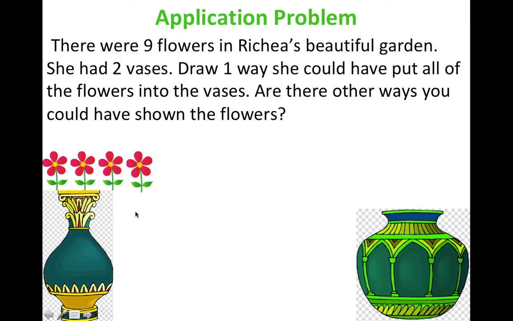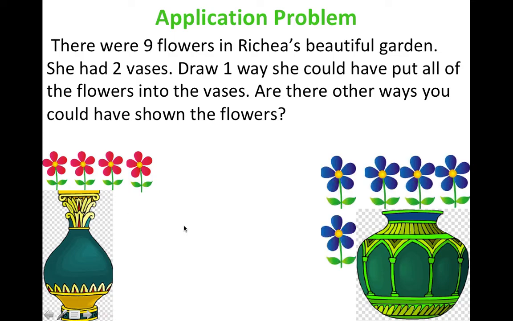So I put 4 flowers in one vase, and I have 1, 2, 3, 4, 5 flowers in the other vase. So remember, we have to make sure that all of the flowers equal 9 flowers, because that's what Rocher started off with.